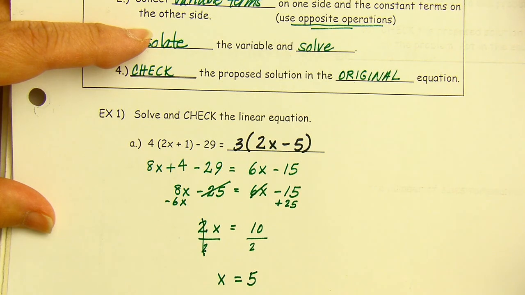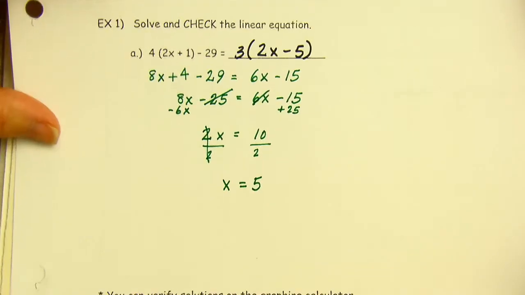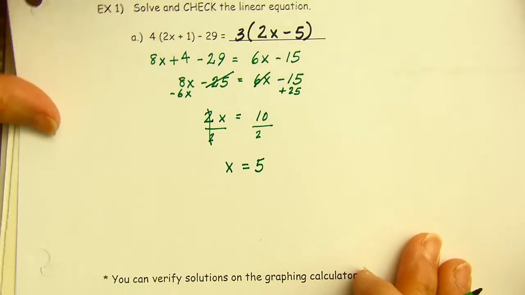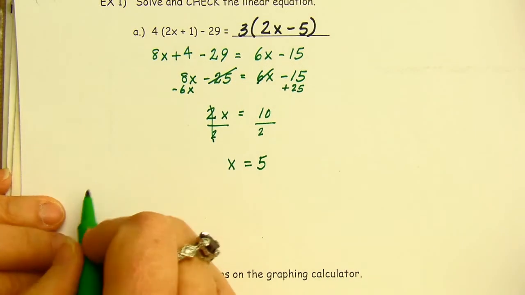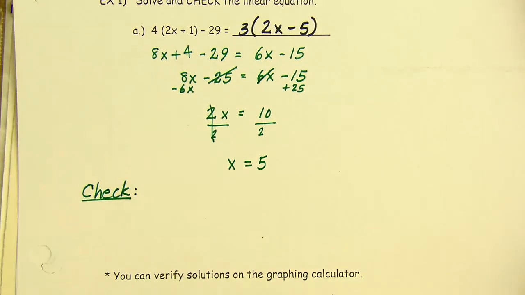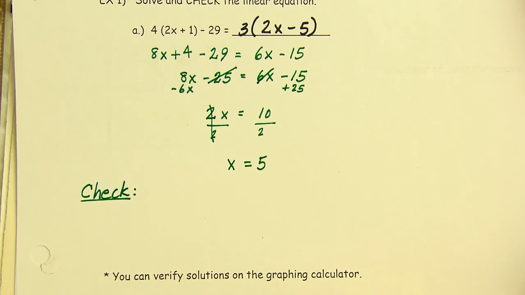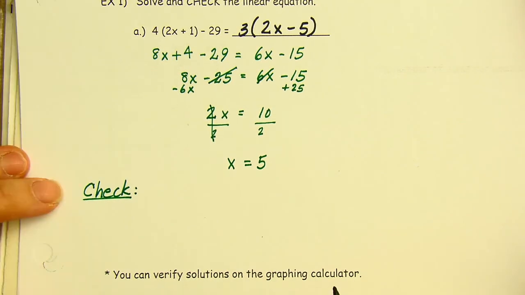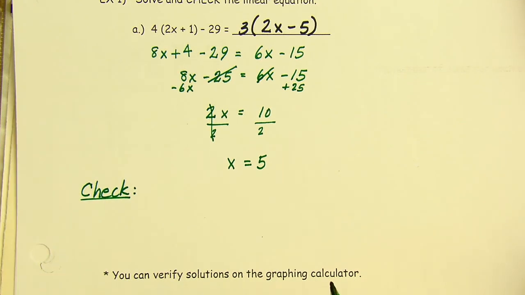Now, I do need to check this in the original equation. So, on a test or a quiz showing me the check, all you have to do is show me the setup and verify that the left and the right sides are equal. I don't need you to go through the process of breaking it down and showing me step by step what it equals.